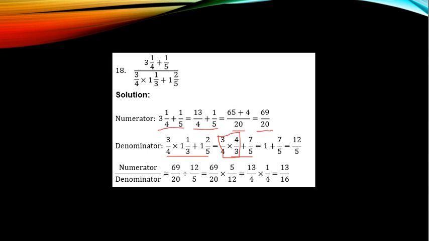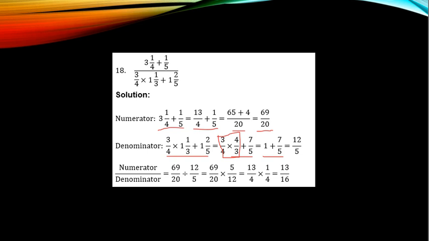If you divide, you have 1 plus 7 over 5. And when you combine them, it simply means one whole number, 7 over 5. If you convert to an improper fraction, you have 12 over 5. Or you can as well add 1 plus 7 over 5, and that is 12 over 5.